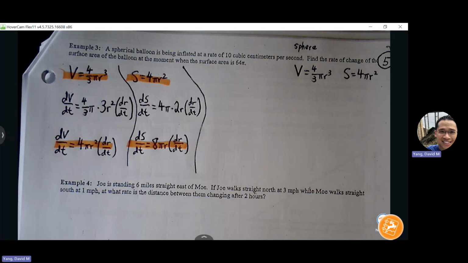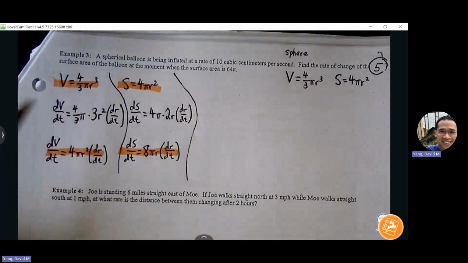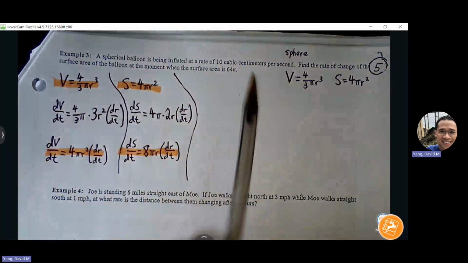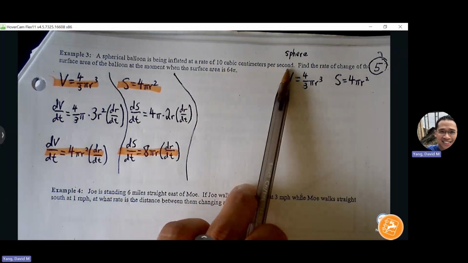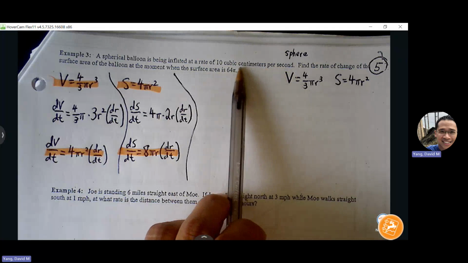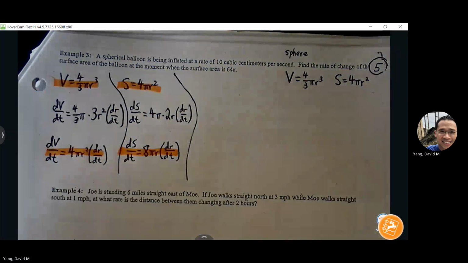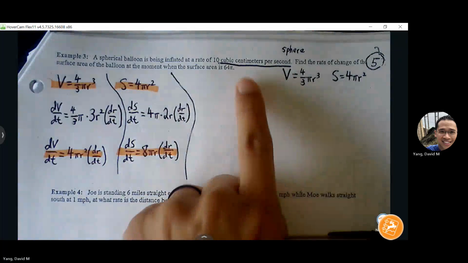Okay. So now let's gather some information here. Let's reread the problem. The spherical balloon is being inflated at a rate of 10 cubic centimeters per second. Any idea what this is? What is this referring to? Here's the hint: cubic centimeters per second.